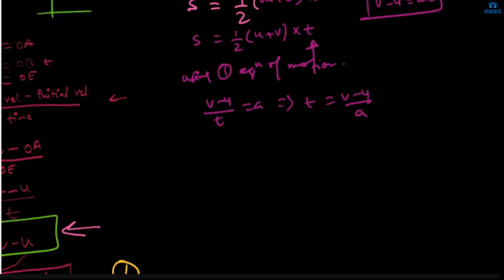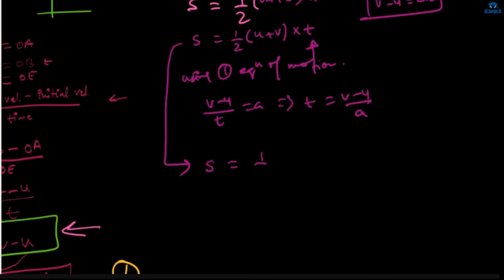Can we write this? Yes, ma'am. Advika, are you getting it? T is equal to V minus U upon A. Can we write it? Yes or no? Yes, ma'am.